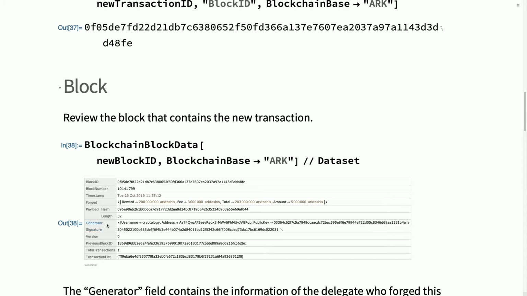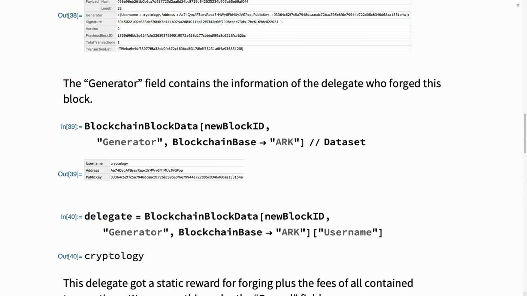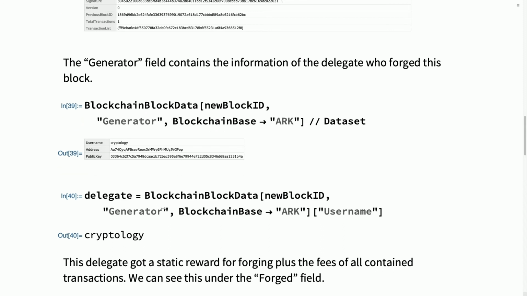For example, this generator field that I have here has information about the delegate who forged this block. So this is their username, their address, and their public key. And because they forged the block, they get that reward that I talked about, plus the fees of all of the transactions inside. But well, in this case, it's only my transaction.